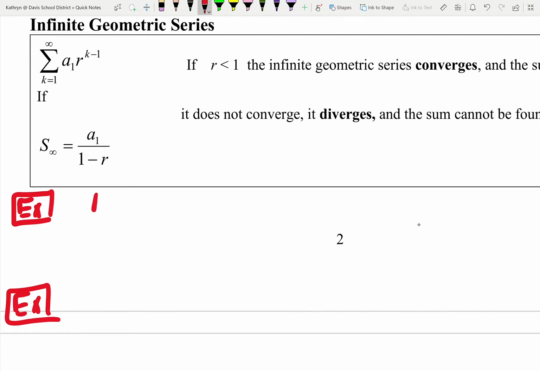Look at this one. 1 plus 2 plus 4 plus 8 plus 16 plus blah, blah, blah. I'm trying to add those together. A sum of a sequence that doesn't stop. It's infinite. Are those numbers getting bigger or are they getting smaller?